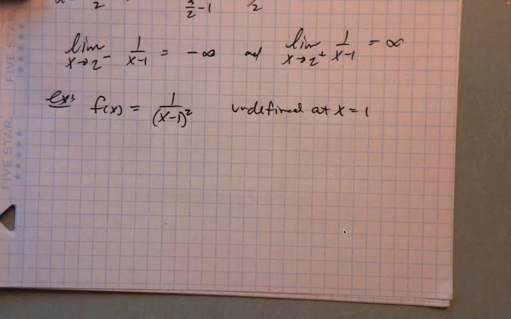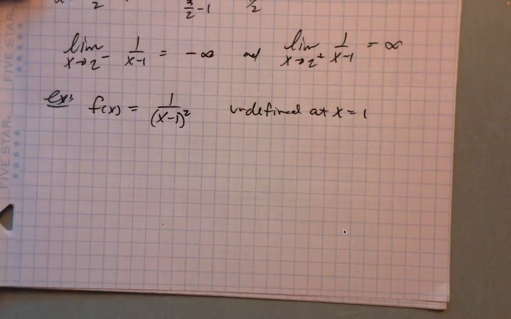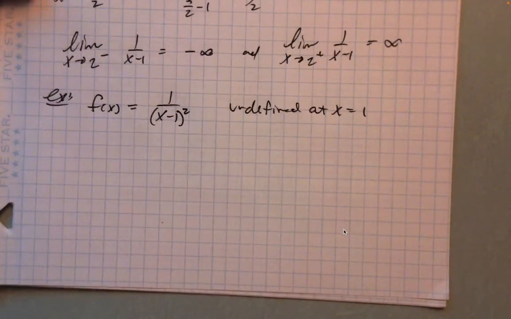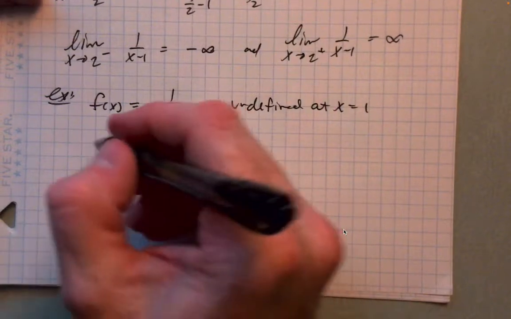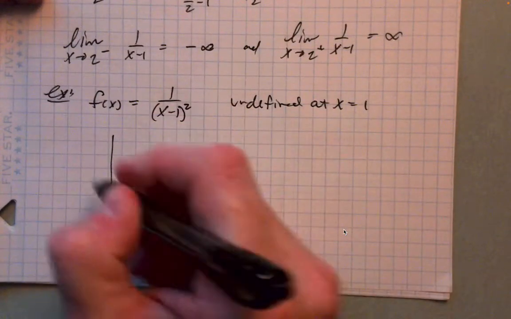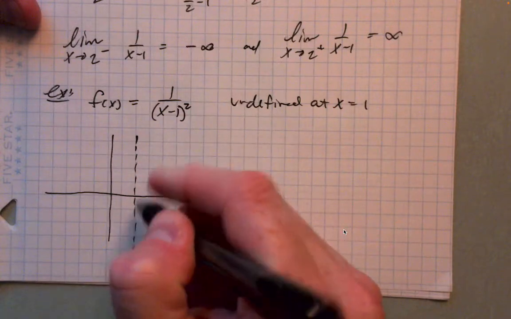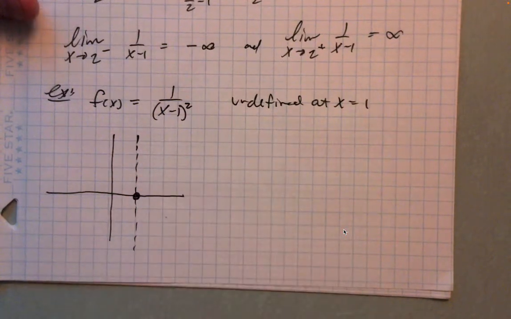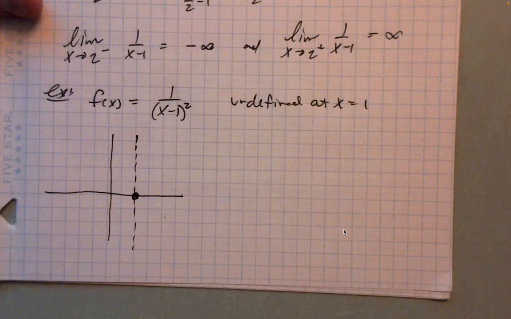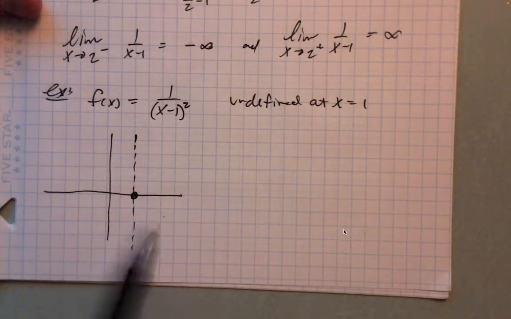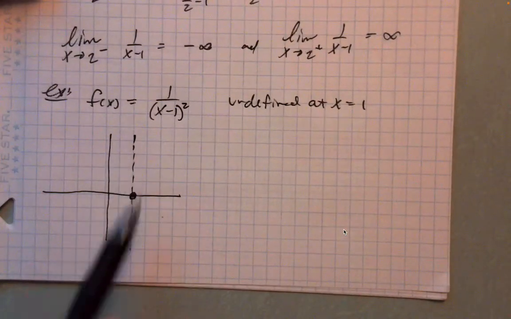We can see that it's got a denominator problem there, and so we're going to assume there's some kind of vertical asymptote there. So again, here's your x equals 1. All right, so what is the function doing as x approaches 1? We assume it's heading off to positive or negative infinity.